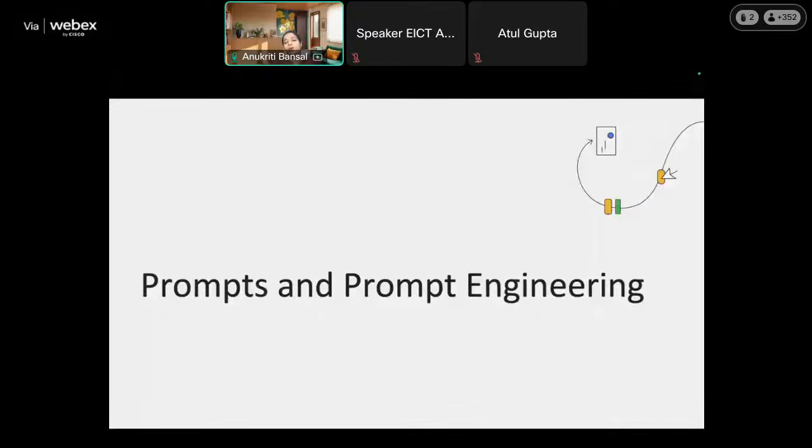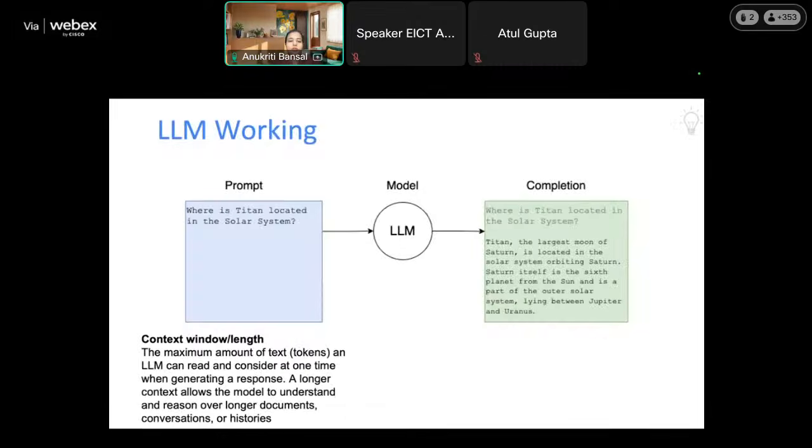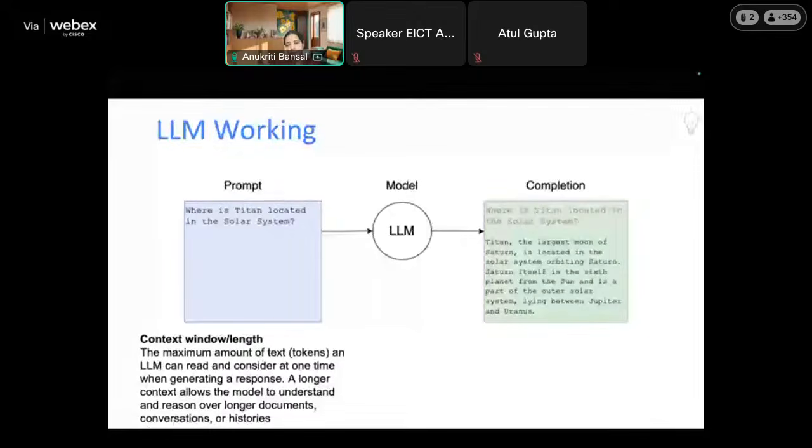Now let's talk about prompts. What do we understand by prompts and prompt engineering? When we say prompt, the input which we give to the model is called a prompt, and the input plus the output generated by my model is called a completion. One important thing you have to keep in mind is what we call the context window or context length.